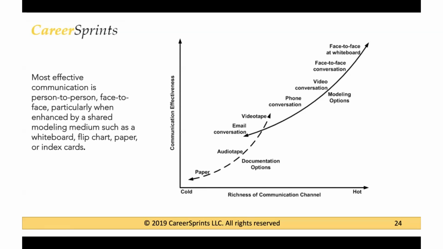So agile teams, because they work in a hyper-competitive and fast-paced environment, prefer to use face-to-face communication. It says the most effective communication is person-to-person, face-to-face communication, which is enhanced by using things such as a whiteboard, a flip chart, index cards.